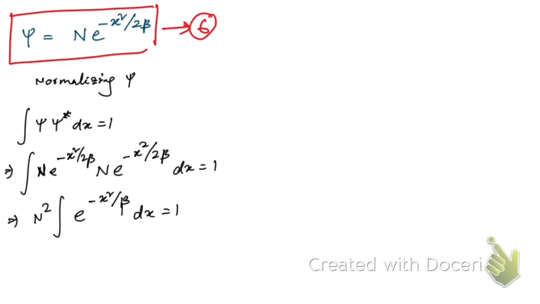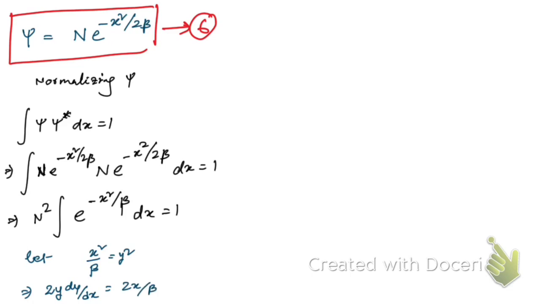Okay, so in order to evaluate this integral, let us consider x square by beta equal to, suppose, y square. If this is the case, then if we differentiate with respect to x, we get twice y dy by dx, and on this side, differentiating with respect to x, we get twice x by beta.